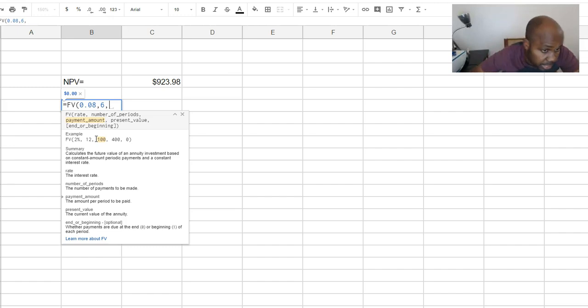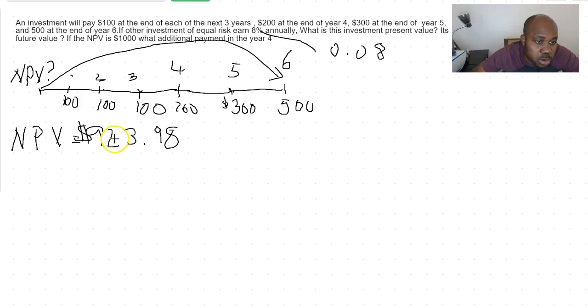The payment, in this case, because I already have my net present value, I'm just gonna find out its future value, which means the payment is gonna be 0, because I don't have it. So the way to understand it, what I did was compute the net present value of all those different payments, which are not identical.